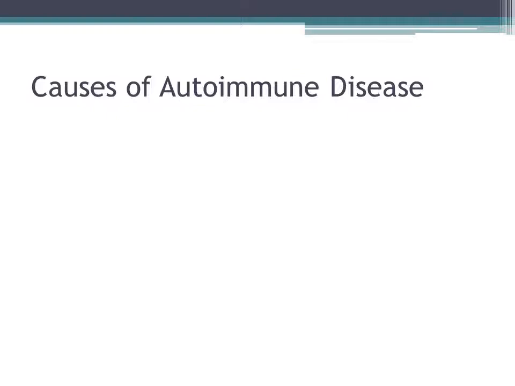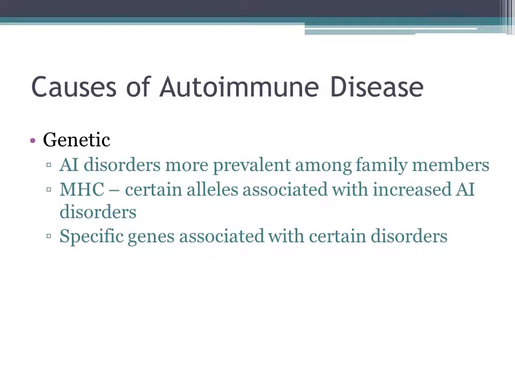Causes of autoimmune disease can be either genetic or environmental or combinations of both. We do know that autoimmune diseases in general are more prevalent among family members of someone with an autoimmune disease. So let's say within your family, dad and grandma have autoimmune disease. Well, you are much more likely to have an autoimmune disease as well.